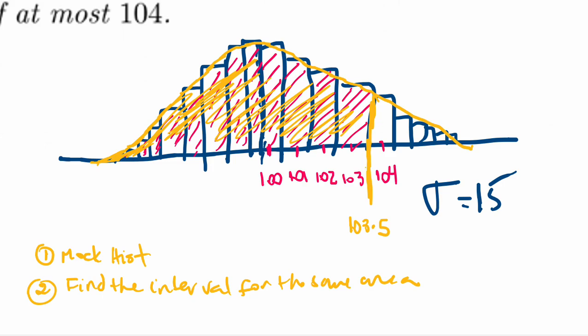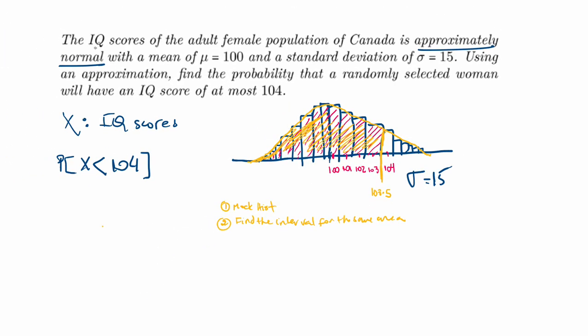So at the end of the day, this probability here will be equal to the probability of going to the bell curve, which is a Y, a continuous random variable, and saying that this continuous random variable is less than 103.5. Good?